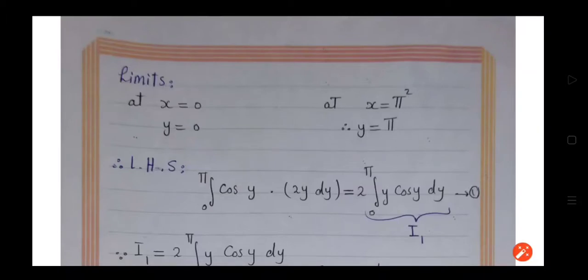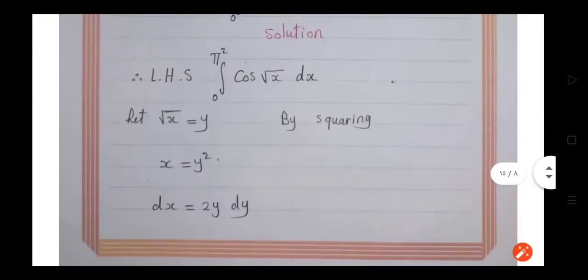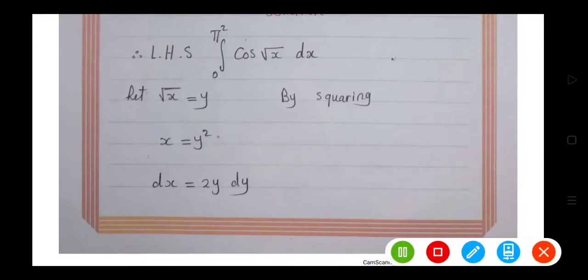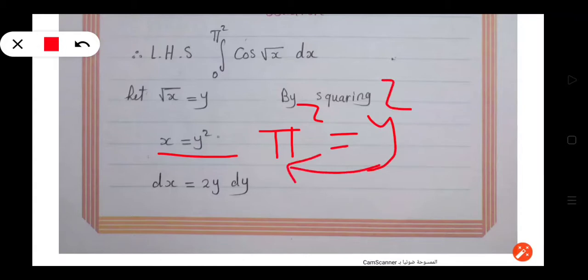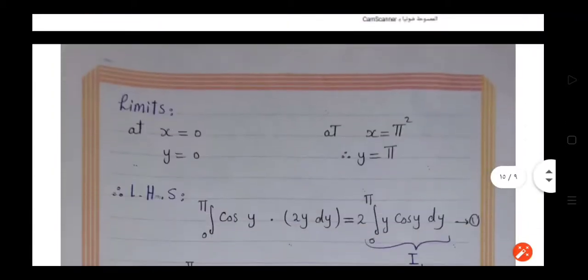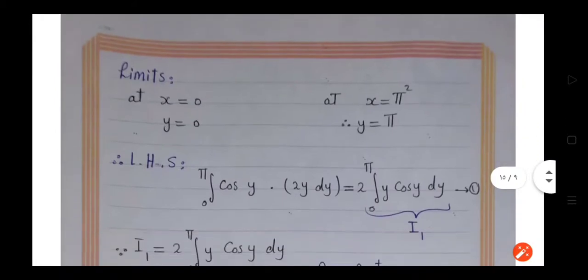At x equal 0, y also equals 0. At x equal pi squared, y squared equals pi squared, so y equals pi. Now we say that the new limits are from 0 to pi.